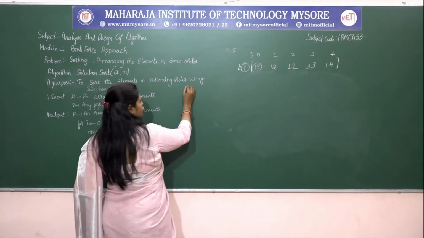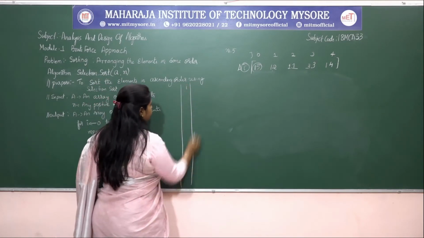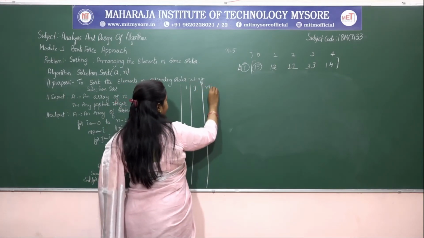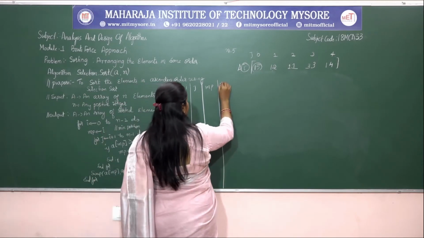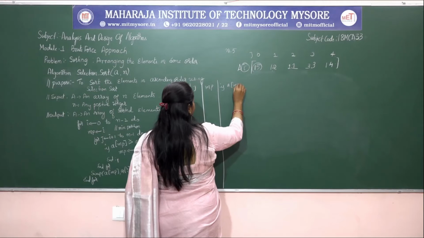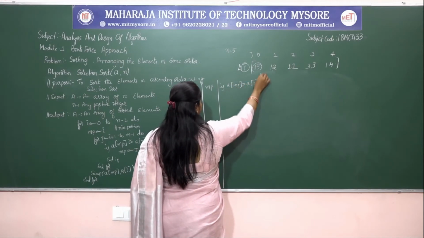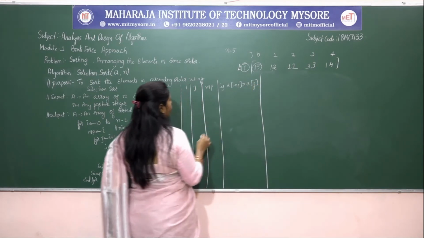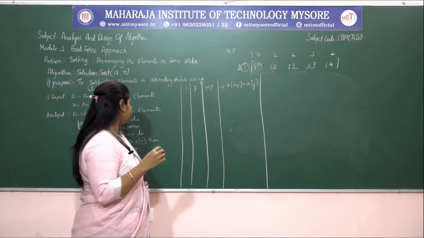So let me have those columns. First the i column, next the j column, next MP, that is the minimum position, and then the if condition I am checking: if a of MP is greater than a of j. Not a of i, it is a of j. If this condition is true, MP value gets changed.